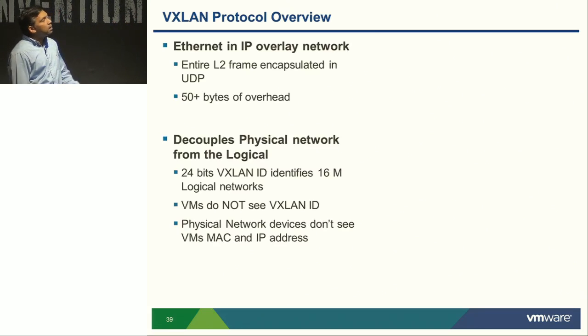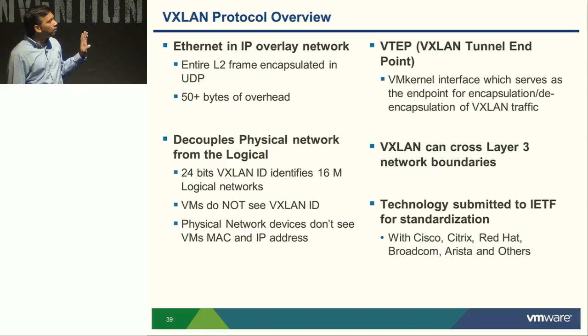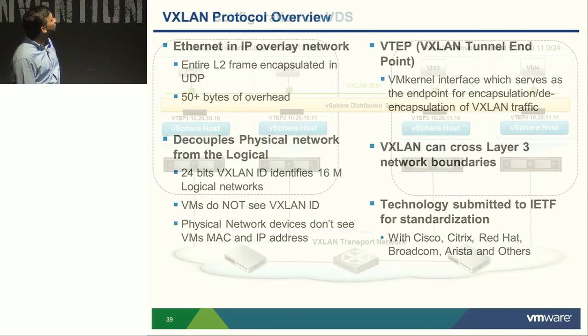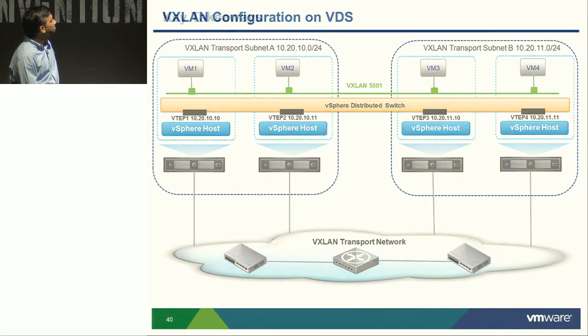Distributed switch also supports VXLAN. I think few of you are using VXLAN, but this is a technology overview. I'm not going to go into detail here because I don't have time. But this is what the VXLAN picture is. Distributed switch is important for VXLAN because standard switch does not support VXLAN.